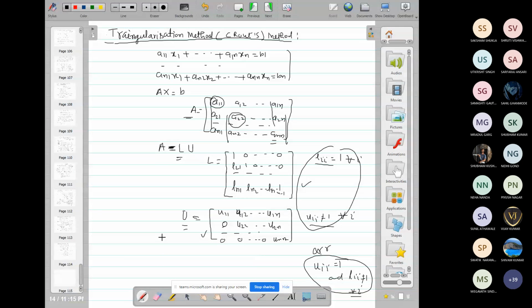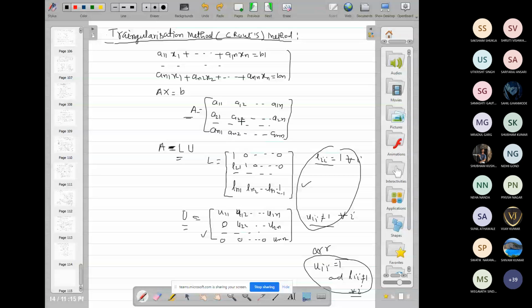So this is a positive definite matrix. Suppose for a given system of equations the case arises that some principal minor is 0.